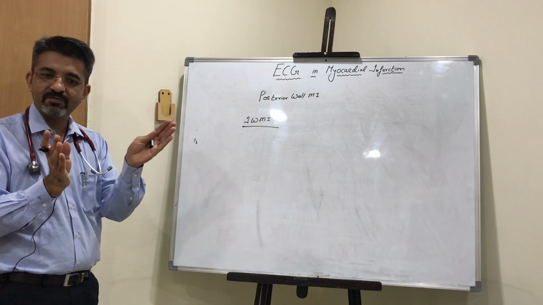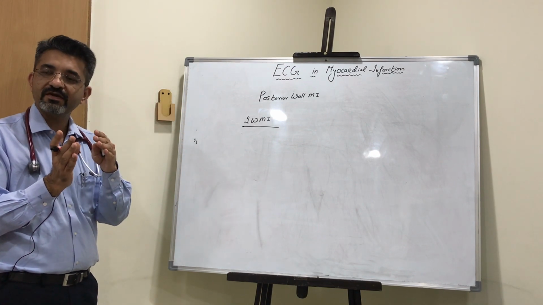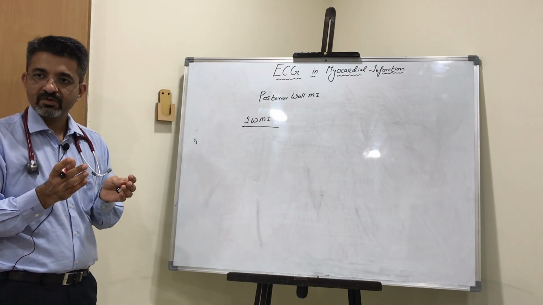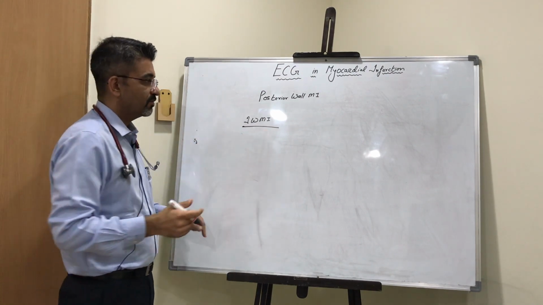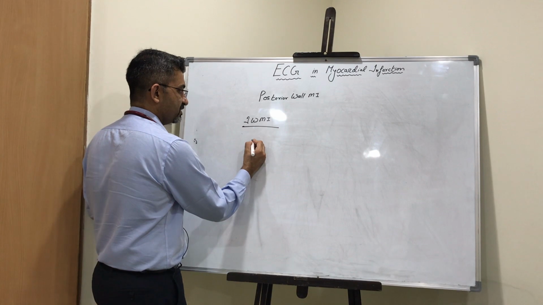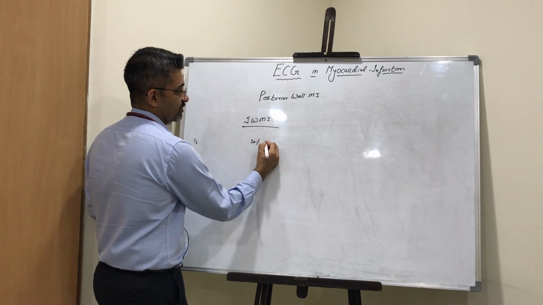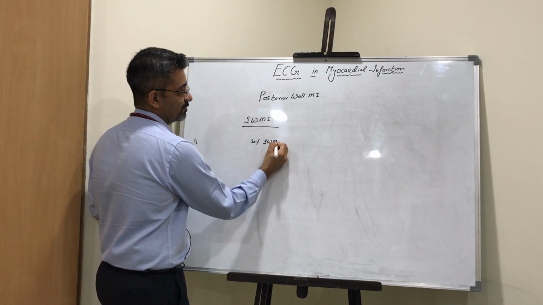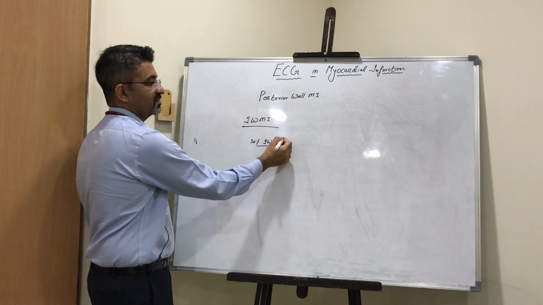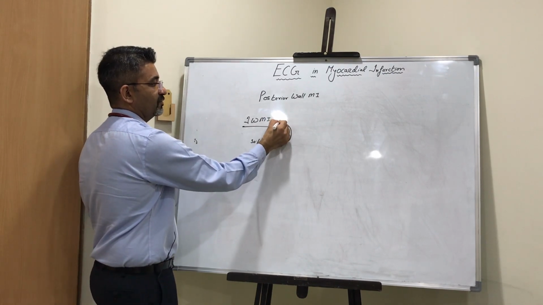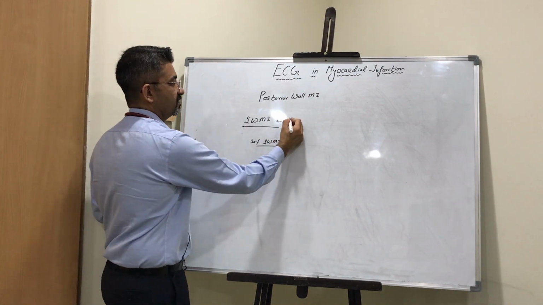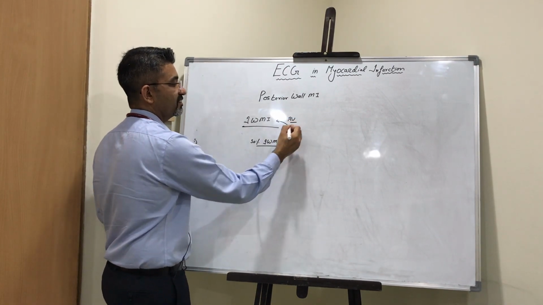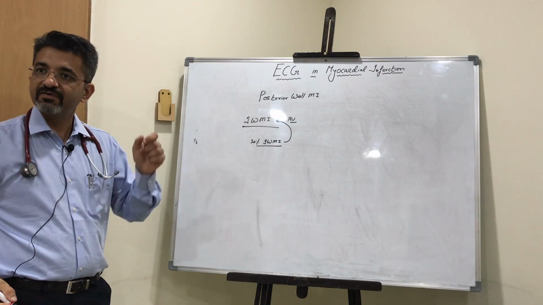It is not thick, so oxygen can diffuse directly from the RV cavity blood. So isolated IWMI is very rare. But if you see studies, 30% of patients with inferior wall MI have some necrosis of the right ventricle.